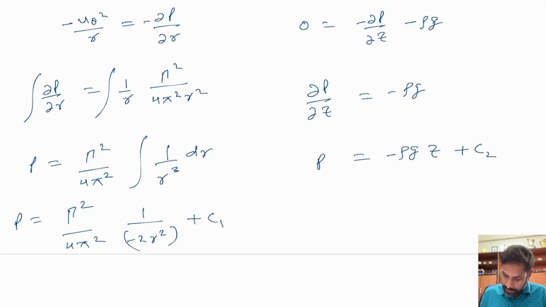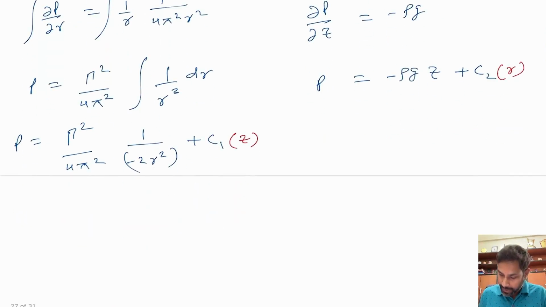In this case, C1 can be considered as a function of Z, and C2 can be considered as a function of R. So C1 is constant in R but not in Z, and C2 is constant in Z but not in R.